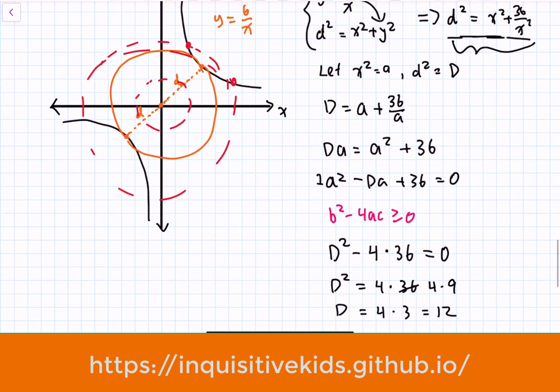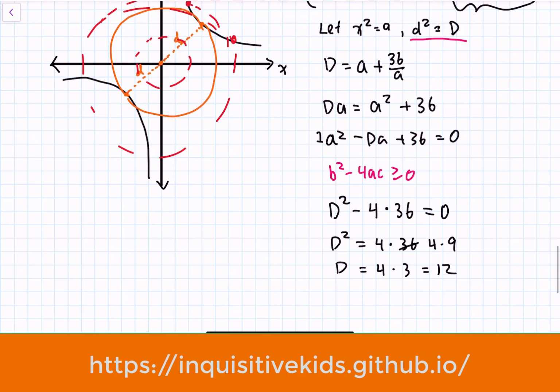And up here we defined it. The uppercase D is equal to lowercase d squared. And we already know what uppercase D is, so lowercase d would just be the square root of 12, which is 2 times the square root of 3.